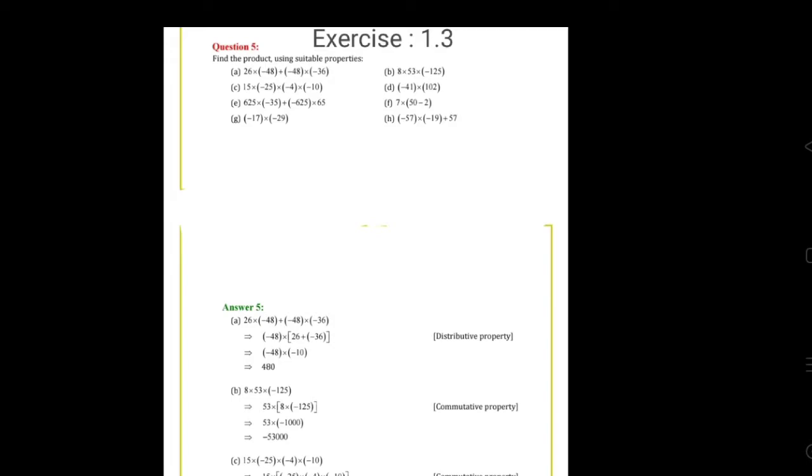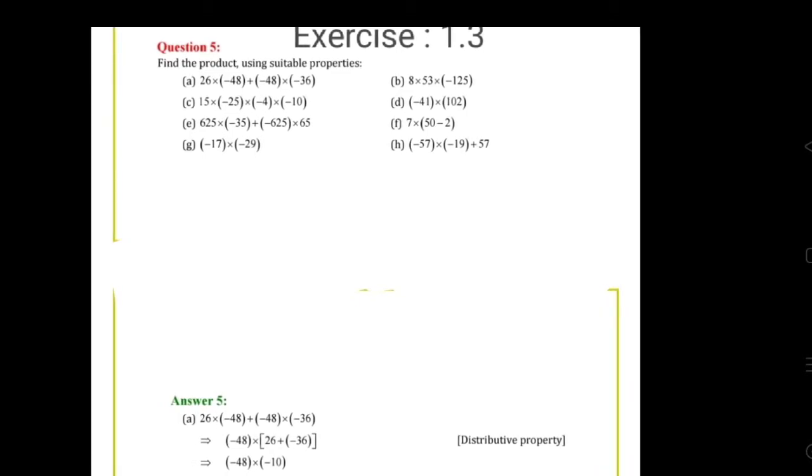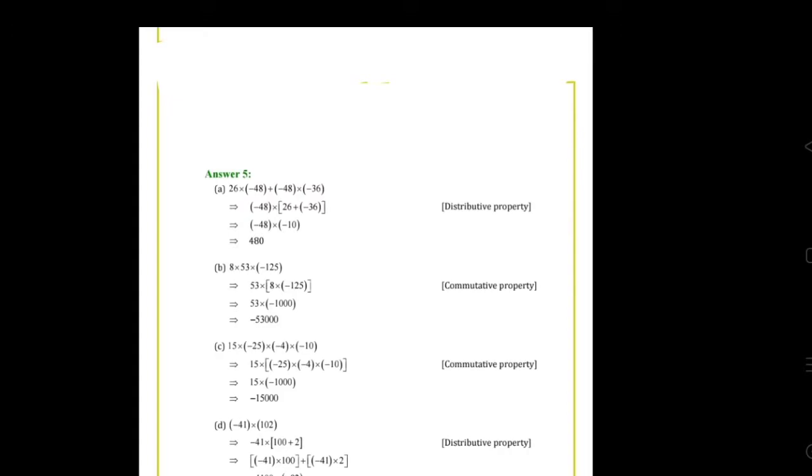So first, 26 × (-48) + (-48) × (-36). See, first, -48 is common on both sides. So -48 × the remaining terms, 26 + (-36).